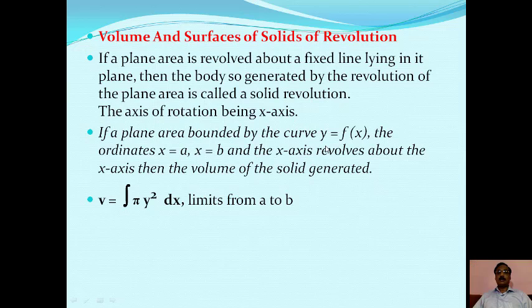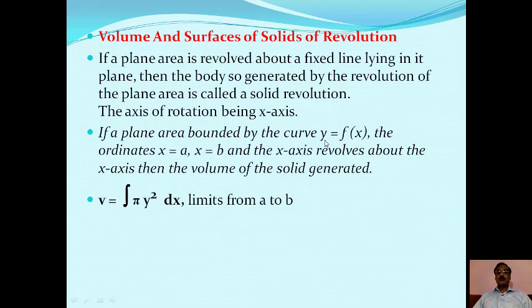If a curve is given as y equal to f(x) and the ordinates, lower limit will be given as a and the upper limit will be given as b, and it revolves about the x-axis, then the volume of the solid generated, we can see the proof of this, y equal to f(x).